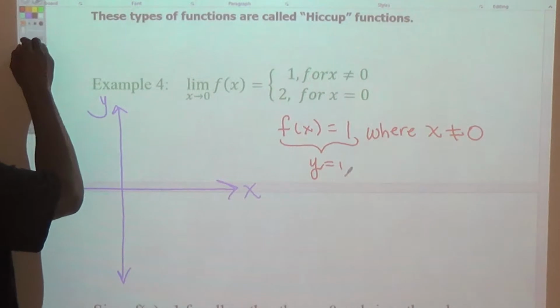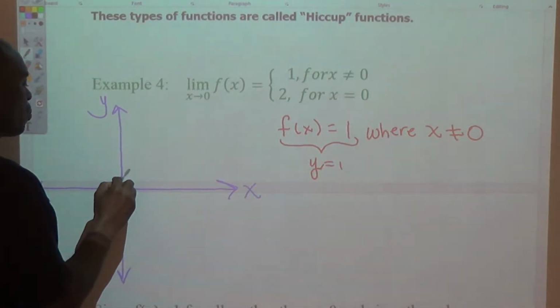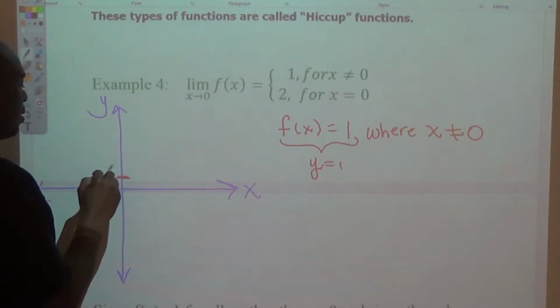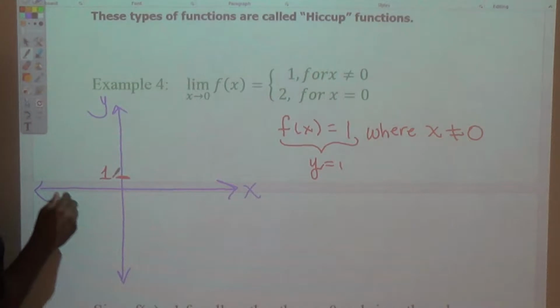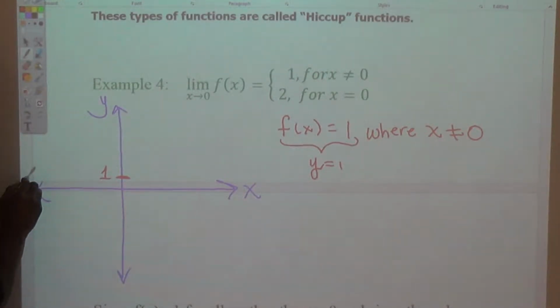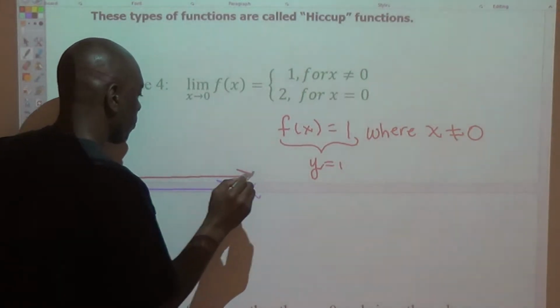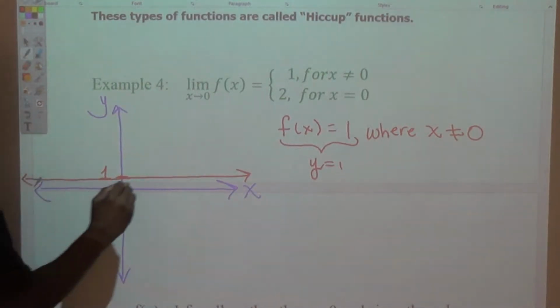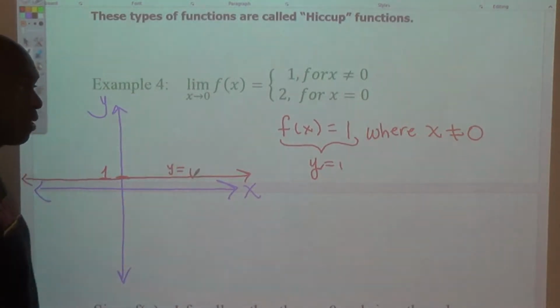All right, here we go. So here's 1 along the y-axis. This is the number 1. So y equals 1 is going to look like this. This right here is the graph y equals 1.